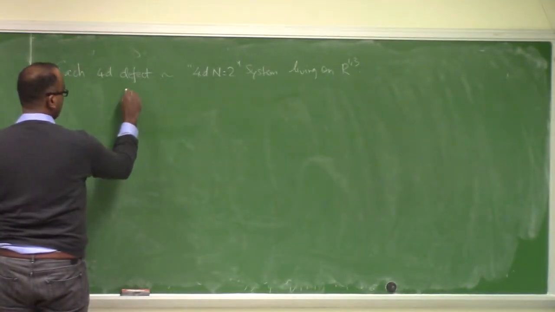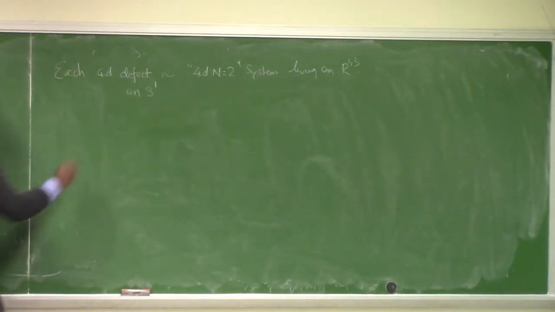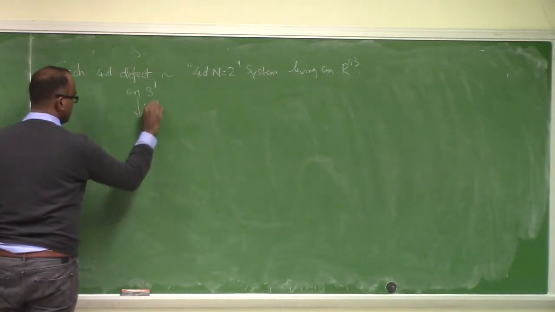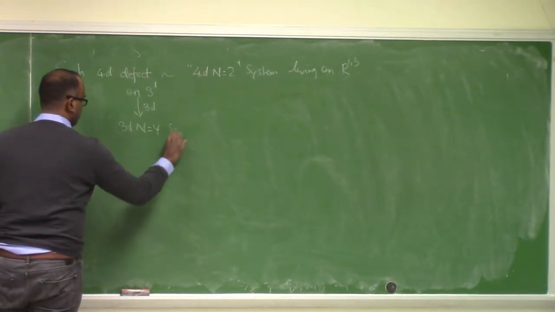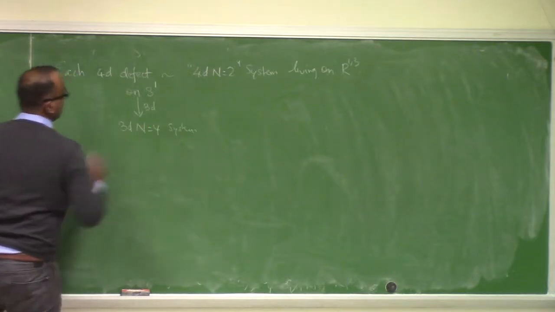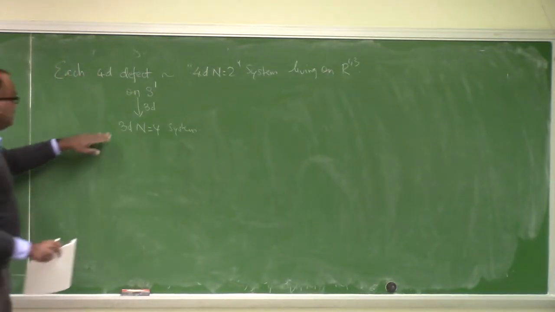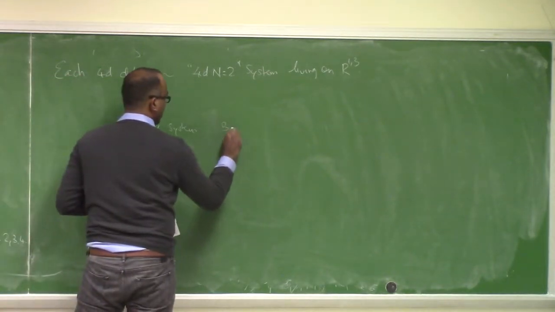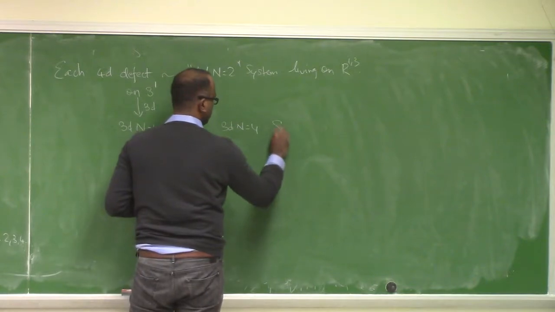Now, if I take one of these defects on a circle, I reduce down to 3 dimensions, I get a 3D N=4 system. Luckily, this is more tractable than this gadget. This turns out to be a 3D N=4 SCFT.